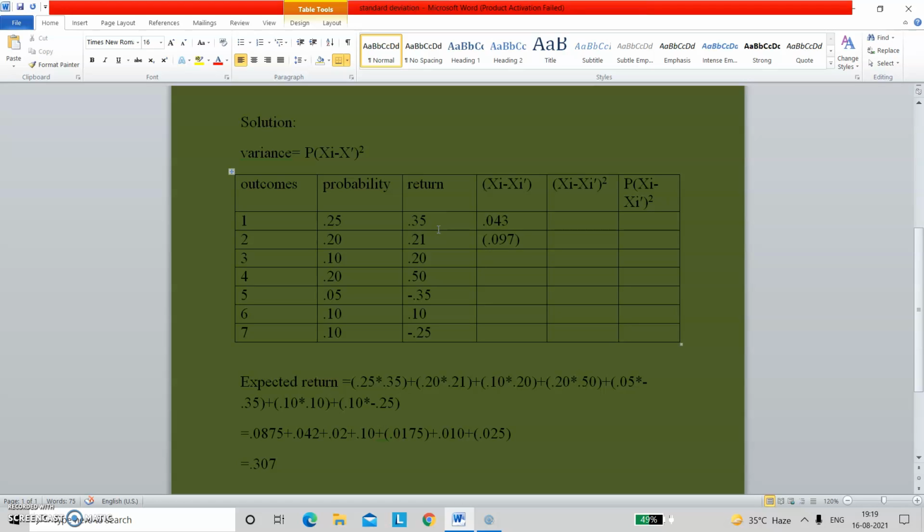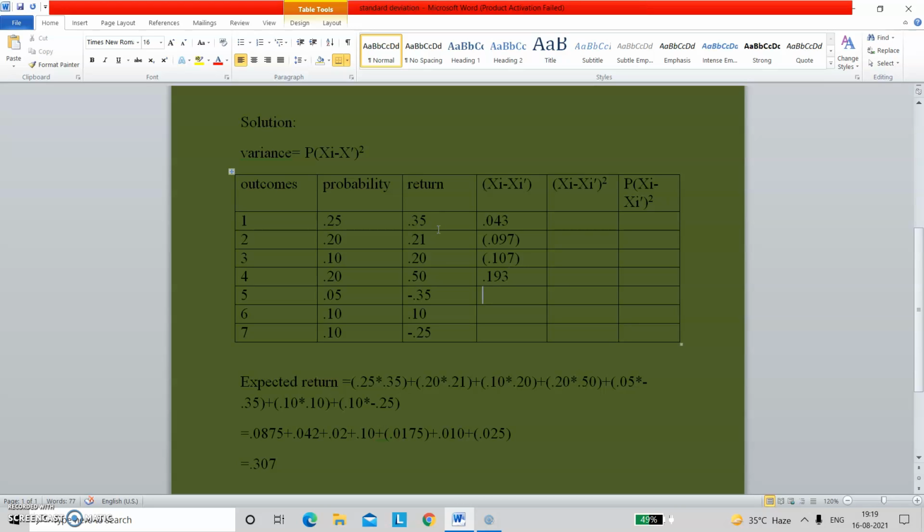Third is 0.20 minus 0.307, which is minus 0.107, right? Then 0.5 minus 0.307 is 0.193.